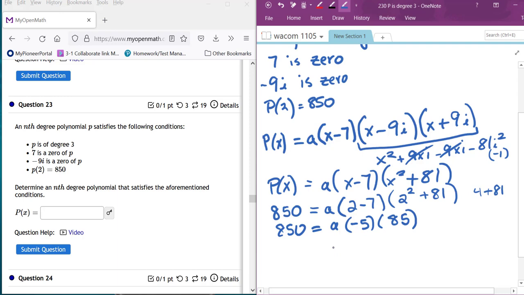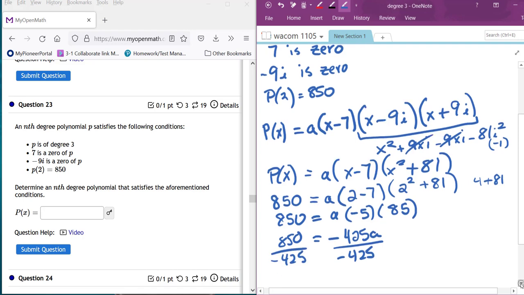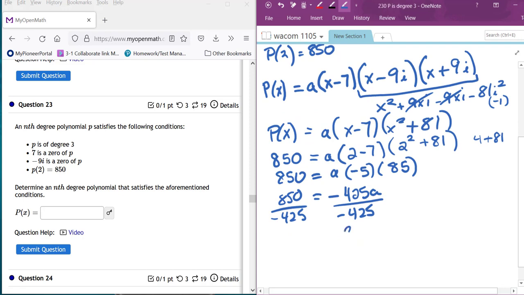So we have negative 425 a equals 850. So divide by negative 425, and a will equal negative 2.